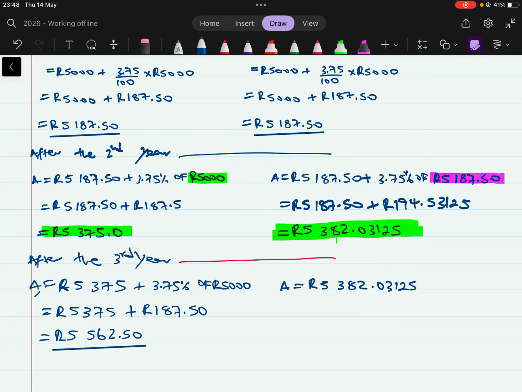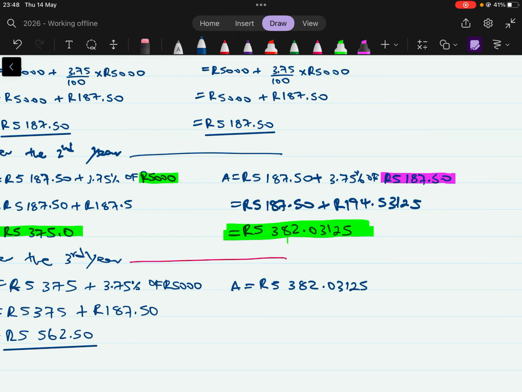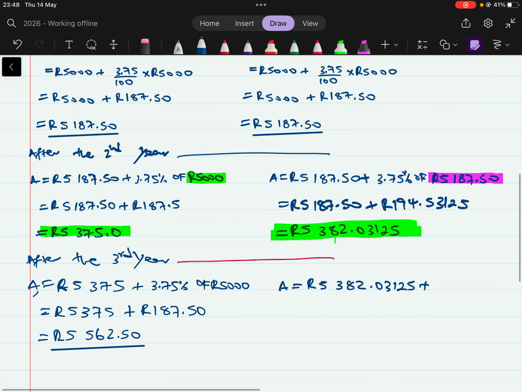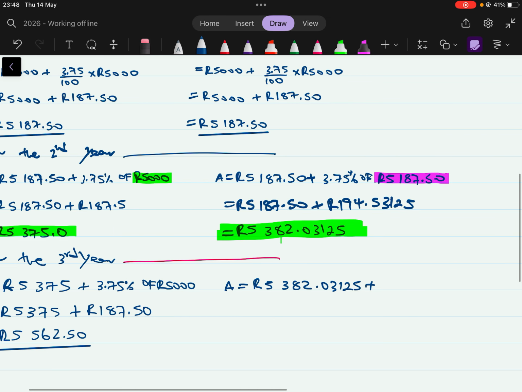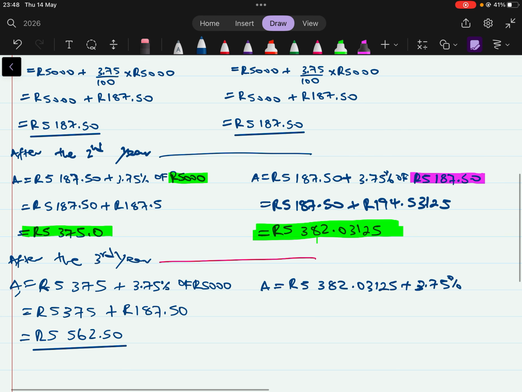You see, I said we keep all the digits from the calculator because this was not the final answer, to avoid getting the wrong answer. That's how it is as a rule of thumb with mathematics, particularly financial mathematics in this case. Keep that in mind. And we're gaining 3.75% on this opening balance with compound interest, which is different from simple interest.